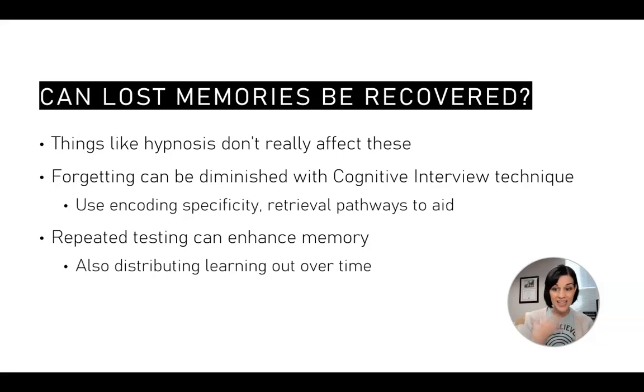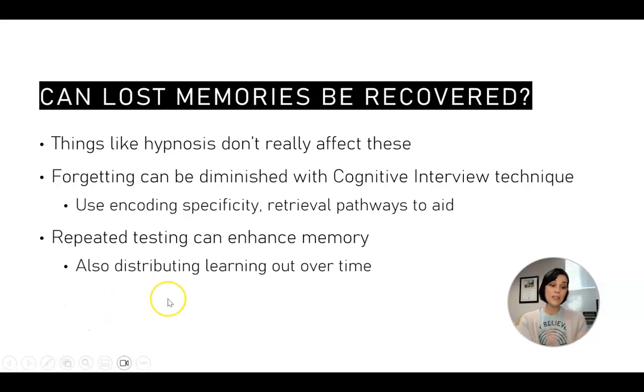So recalling information in different orders, recalling information from multiple perspectives, and most importantly, getting into the mindset that we were in during the event, and also trying to retrieve the greater context of the event.